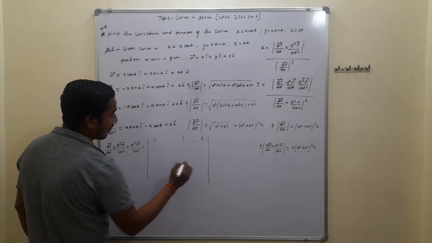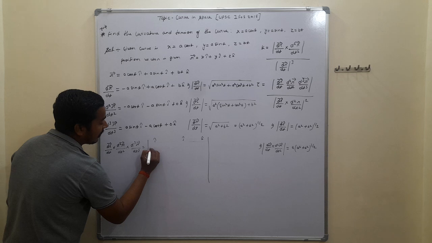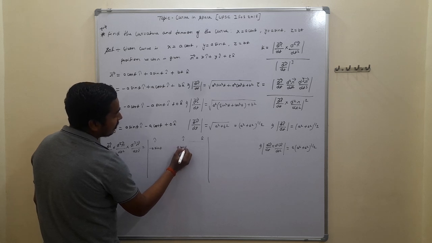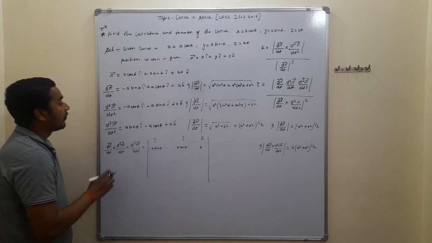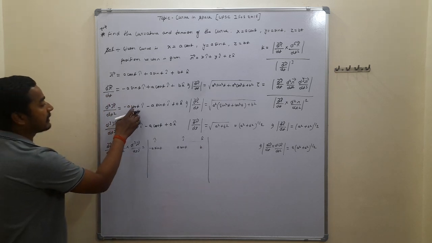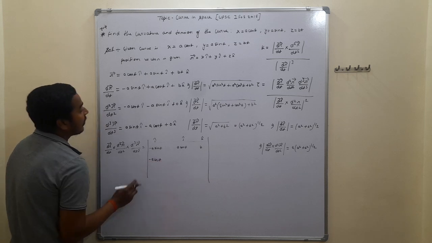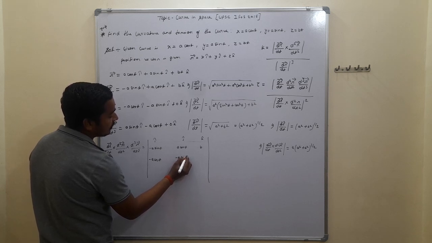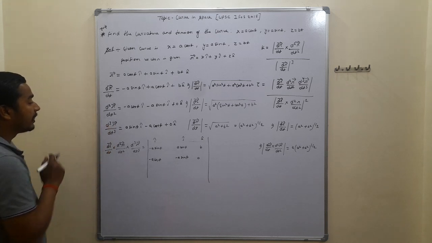We have to put the values. First, for dr upon dt, this is given by minus a sin t, the coefficient of j is a cos t, and the coefficient of k is b. For d2r upon dt square, the coefficient of i is minus a cos t, the coefficient of j is minus a sin t, and the coefficient of k is 0.